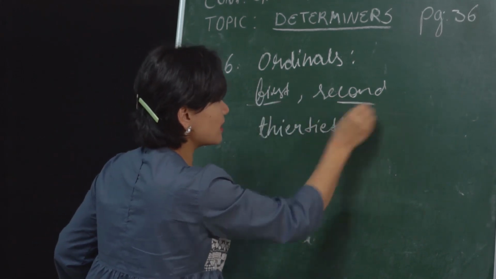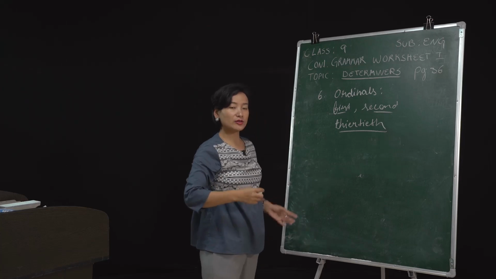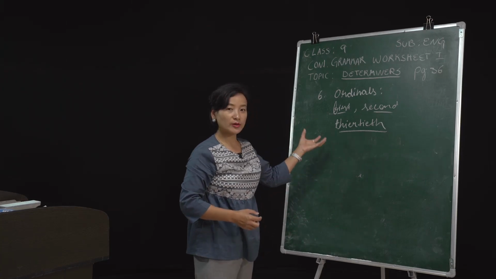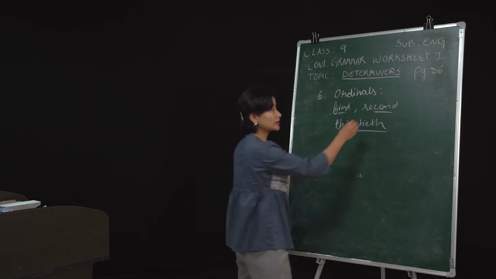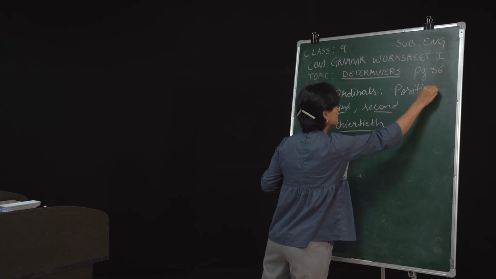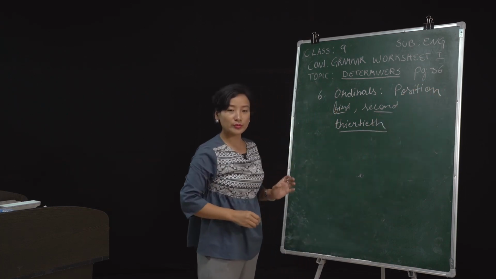Okay, so these are numbers, ordinal numbers, and not just any numbers, but when you use it in this manner, what are you suggesting here? We are talking about it in terms of position. So you write this down, position. All right, ordinals refer to position.